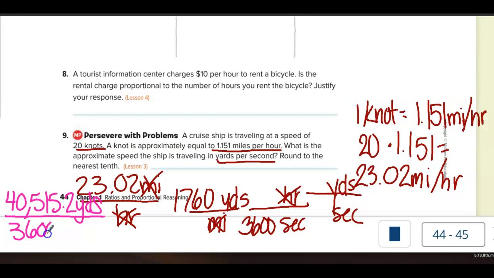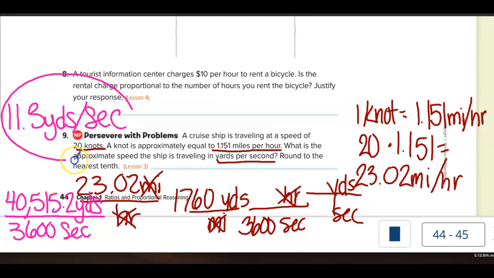And that would be seconds. What do I do when I have a number on top of a number? Divide. So if I take 40,515.2 divided by 3,600, I should get 11.3 yards. Thumbs up if you got that. Questions on that one now?